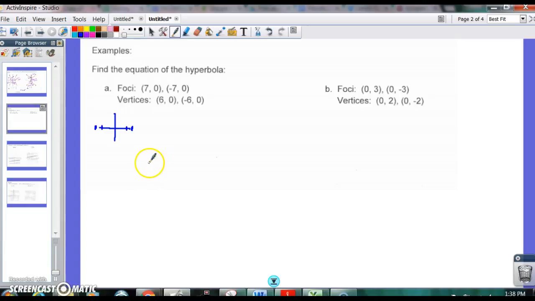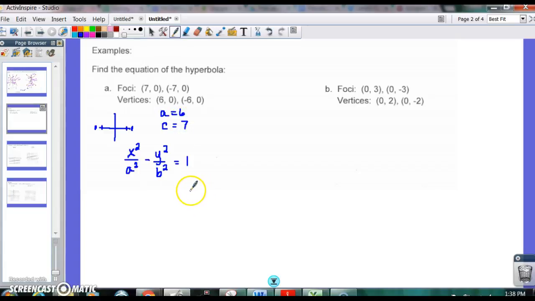And because of that, I know that I have the form x squared over a squared minus y squared over b squared is equal to 1. Our center is at (0, 0). Remember, a is the distance from our center to our vertex, so a here is going to be 6, and our c value is the distance from our center to our foci, so that c value is 7.